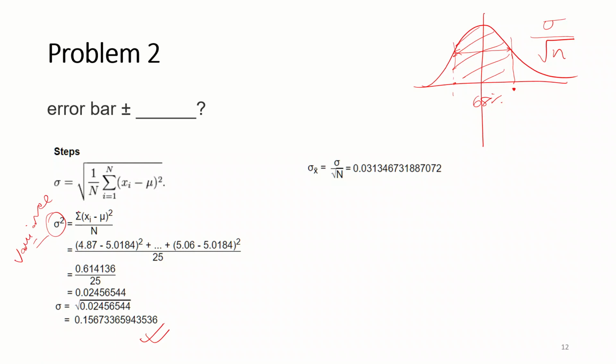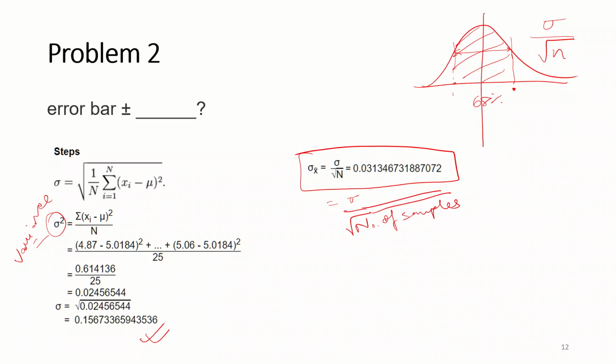Then we take the square root to get sigma, and the standard deviation comes out around 0.15. Then as I told, the standard error is sigma upon root of the number of samples. That's how we get 0.031.